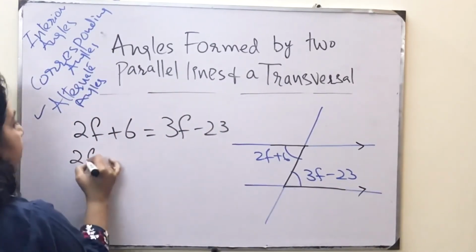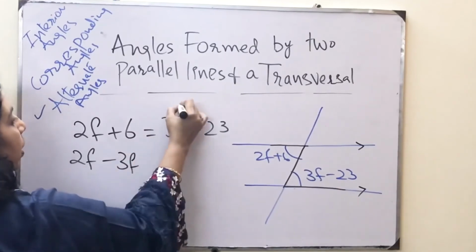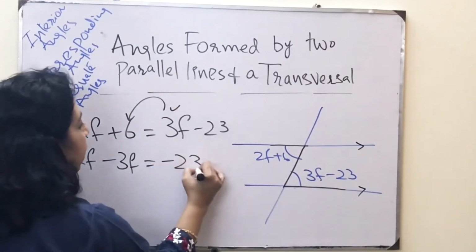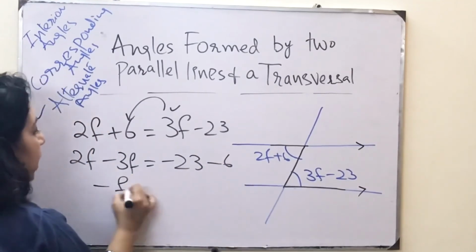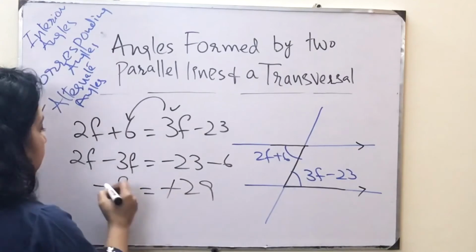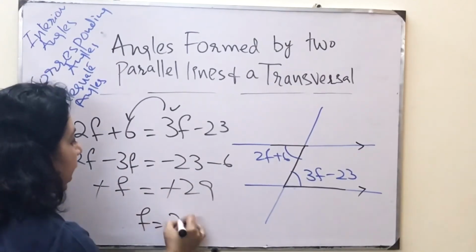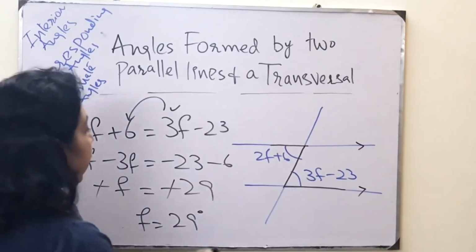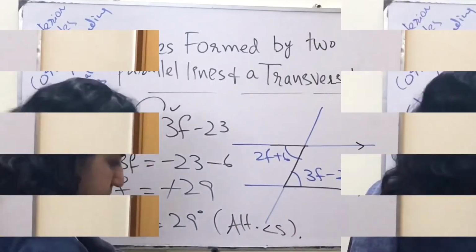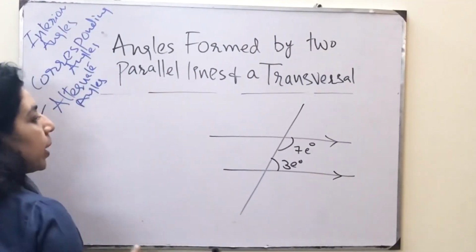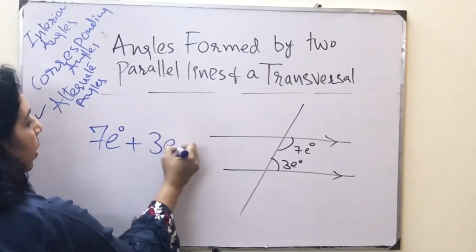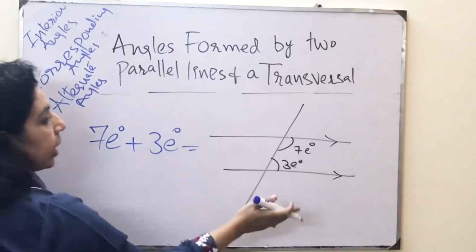We shall subtract 3f, bring it here, and 6 to the other side, minus 23 minus 6, minus f equals to minus 29. Angles are never negative. We shall cancel this negative sign with negative sign, and f will be 29 degree. Reason, alternate angles.